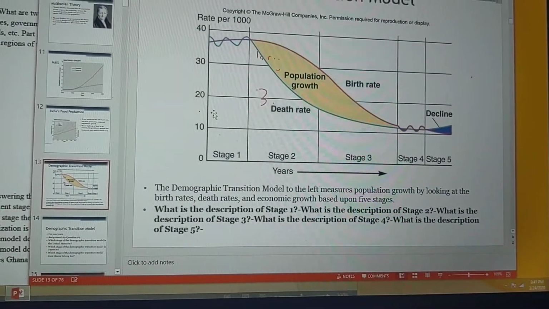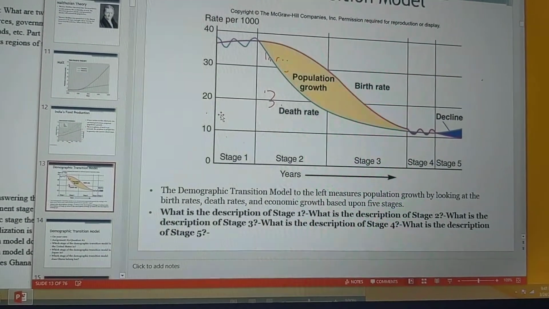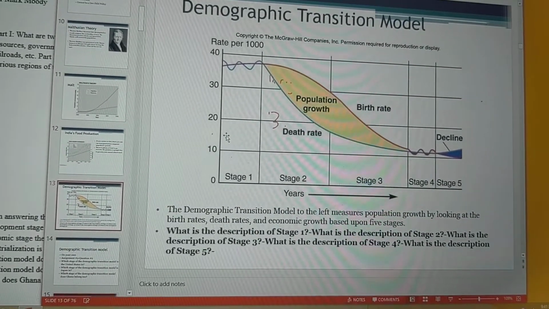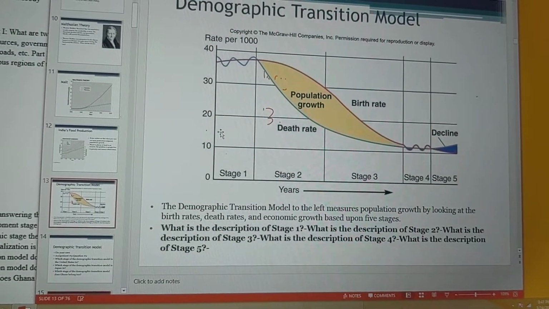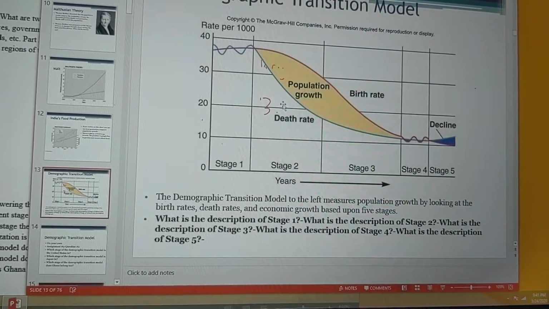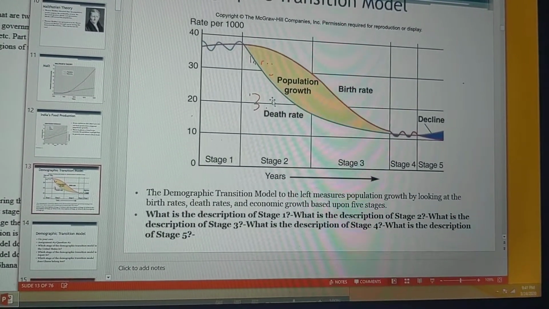There might be some islands, like these ones off of India where they still haven't discovered fire. Those are the huge exceptions. But when you look at the world as a whole, or countries that belong to the United Nations, none are in stage 1. Okay? Stage 2. Beginning industrialization. Okay?